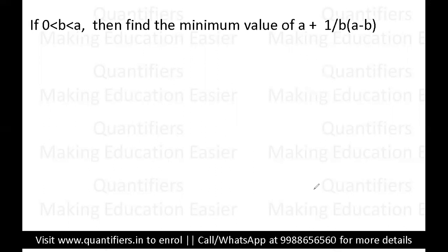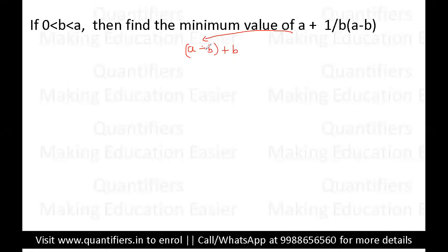So students, now to cancel out these variables, I'm writing this expression as A minus B. I'm subtracting B and I'm adding B. Okay, I am subtracting a B and I am adding a B, right?